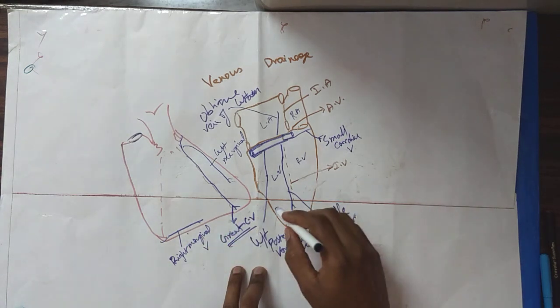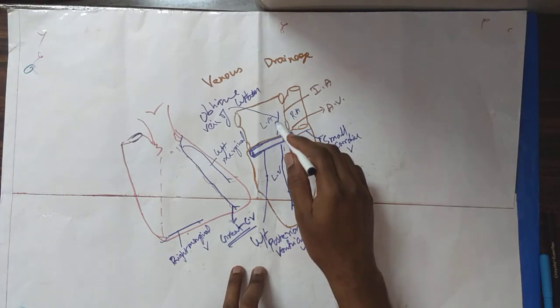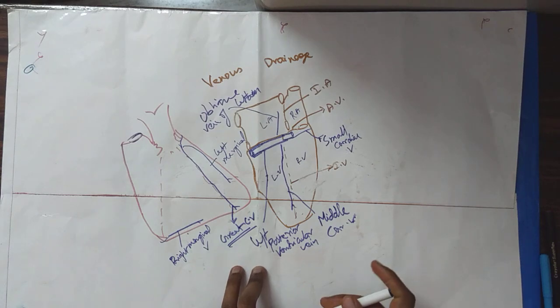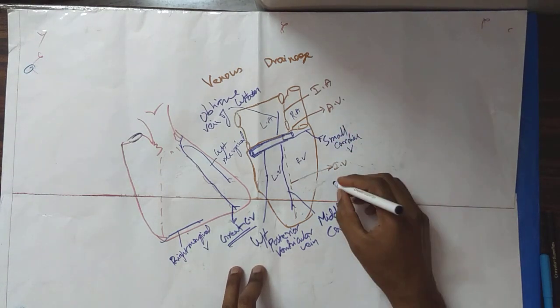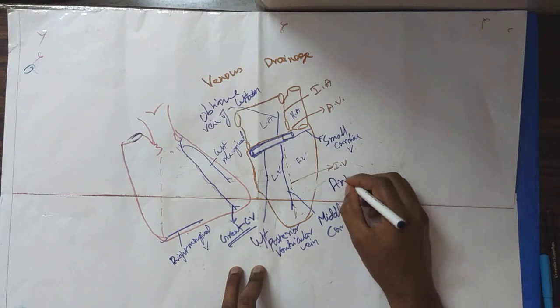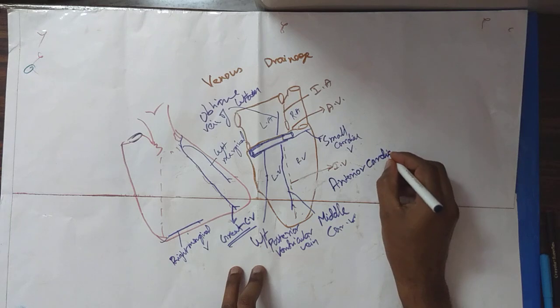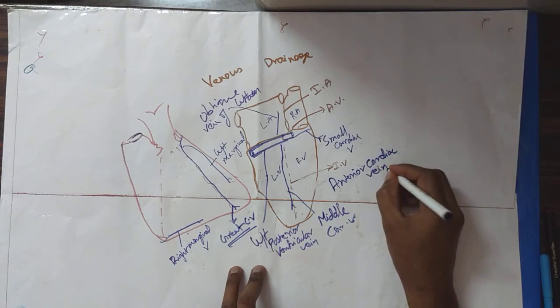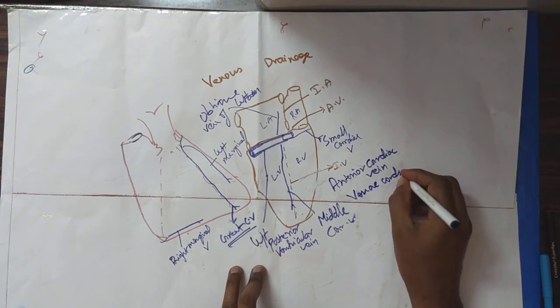Then apart from that, you have left posterior ventricular vein, which is coming from the ventricle, and the oblique vein of the left atrium, which is coming from the left atrium. So along with that, as I said before, you are having anterior cardiac veins and venae cordis minima.